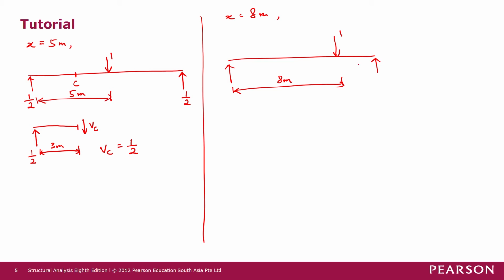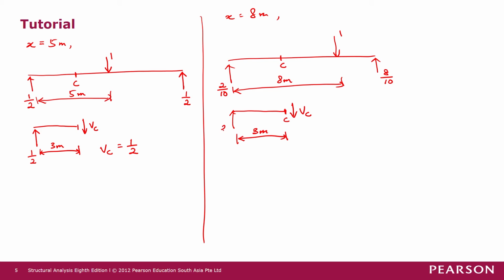So in this case, if you solve for the support reactions, this will be 2 over 10, this will be 8 over 10. Okay, so point C is there. If you draw a free body diagram for a cut section at point C, it is 3 meters away, and then we have VC here.